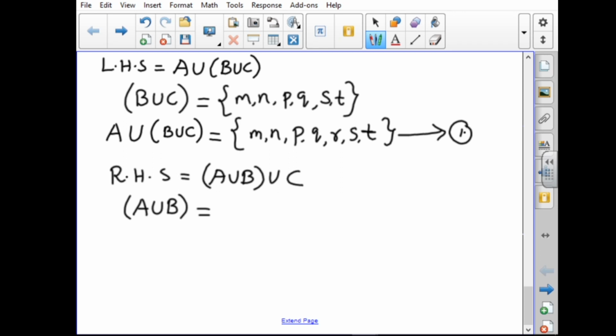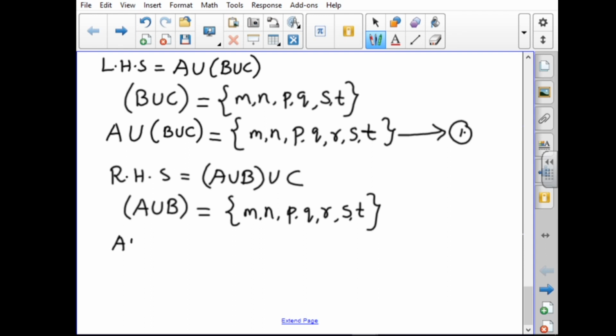A union B is equal to, what are the A elements: P, Q, S and B elements: M, N, Q, S, T. So A union B is equal to {M, N, P, Q, S, T}. This is A union B.